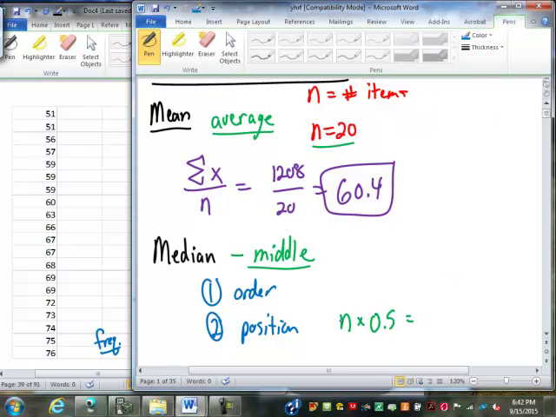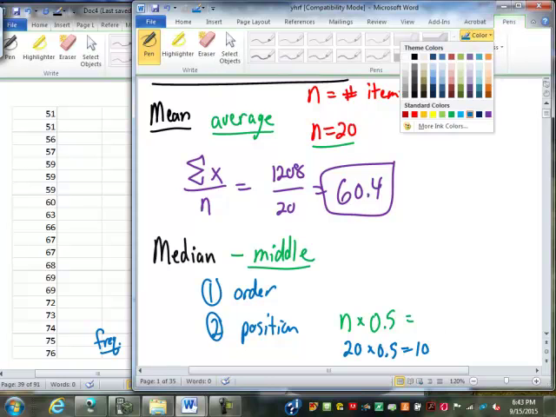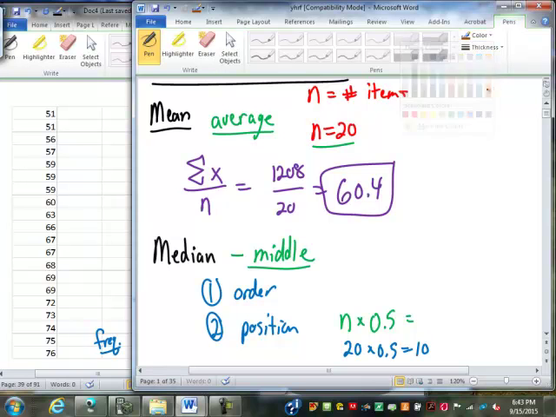So here n was 20, times 0.5 is 10. If this comes out to be a whole number like this with no decimal, that is telling me that the position of my median is between the 10th and the 11th number in my list.